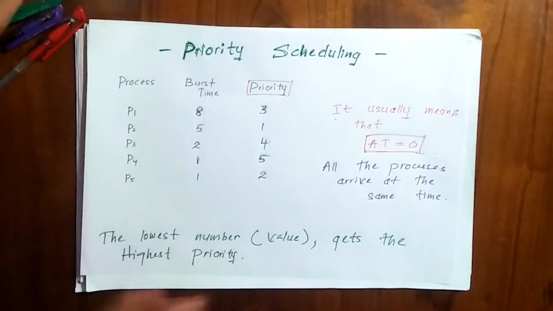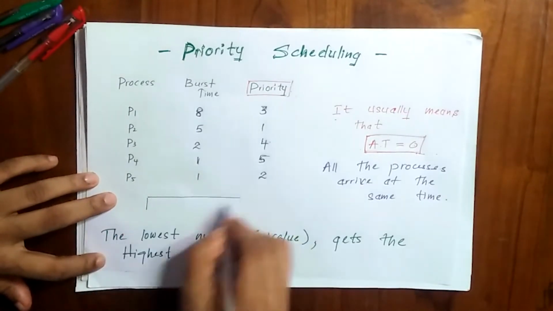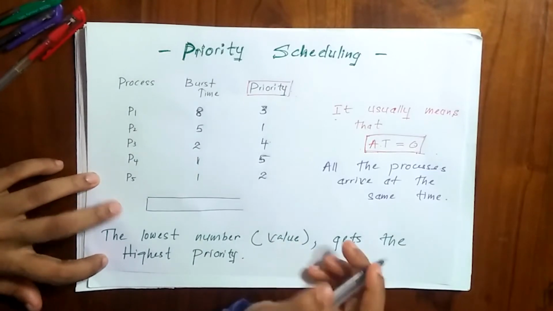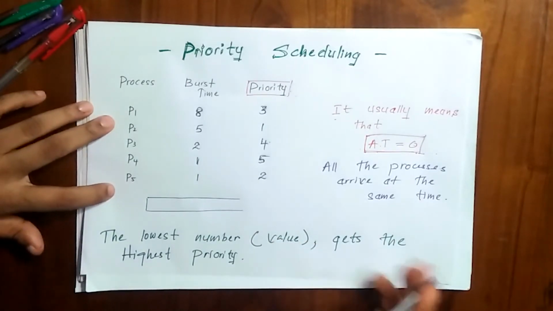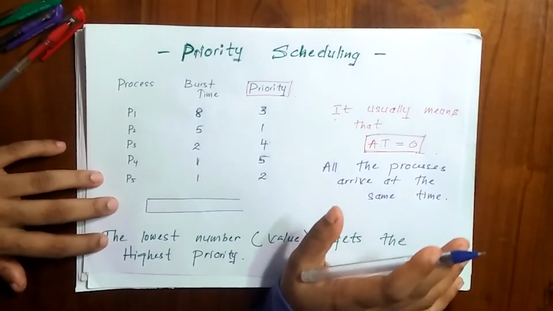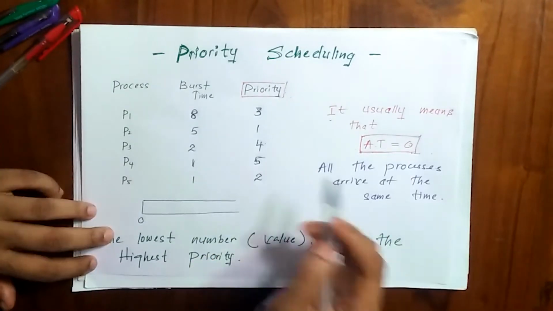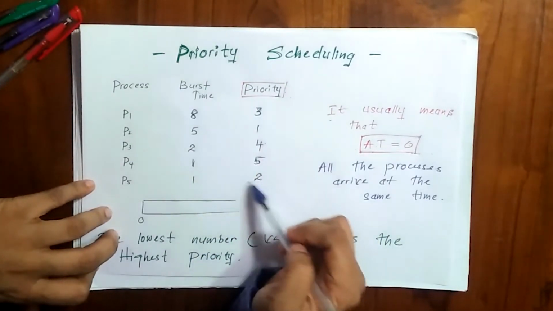Now you can see that the AT is 0, right? So we have to start with 0. Now let's move to this column, these values.